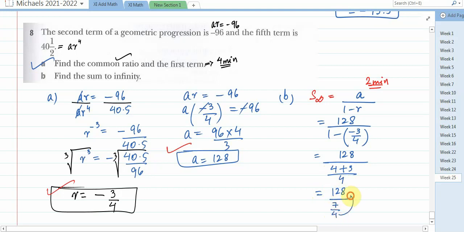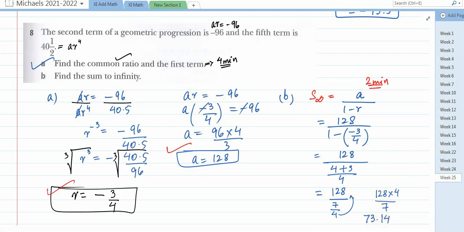This 4 needs to be multiplied in the numerator. You will get 128 into 4 divided by 7. Simplify it: 128 into 4 divided by 7 gives you the value of 73.14. And that is your answer for sum to infinity.